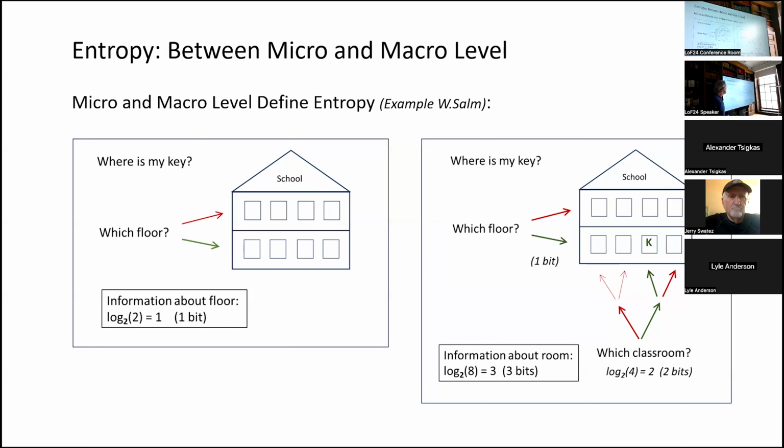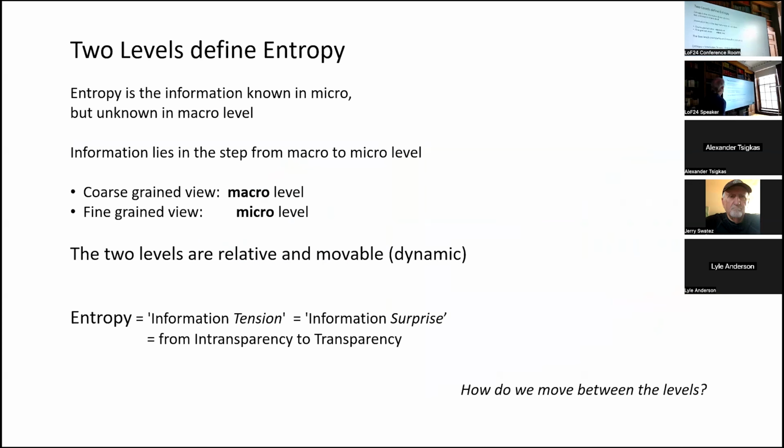So bits and entropy are relative. You cannot say there is an absolute measure of information somewhere. You can always have more details and more information. So you have to look at which level you talk.